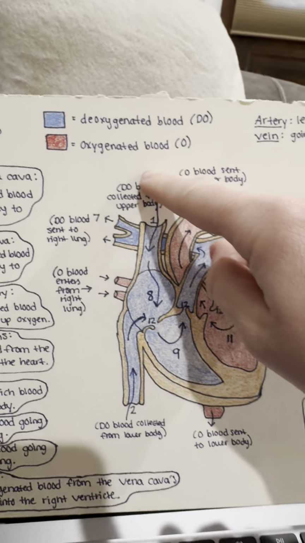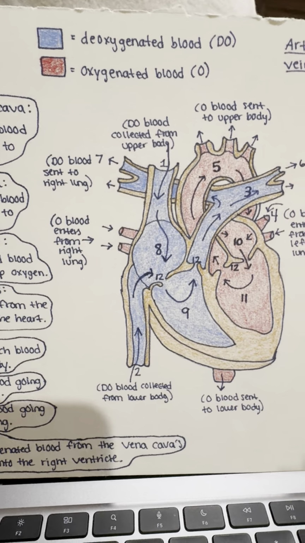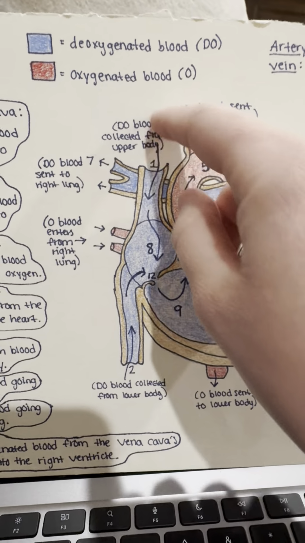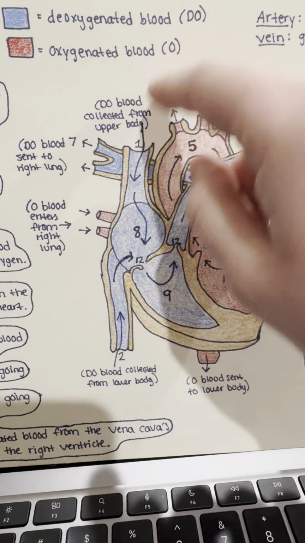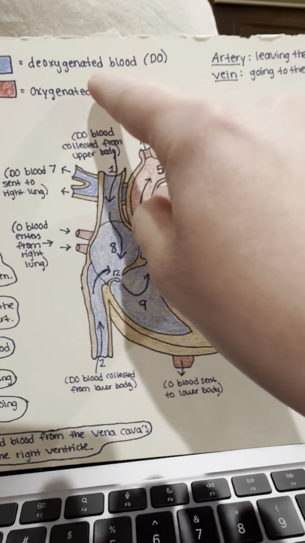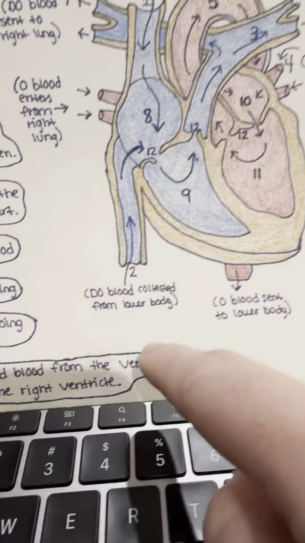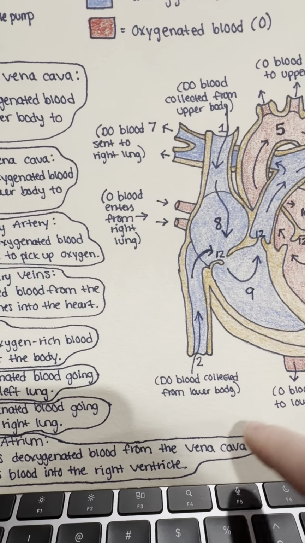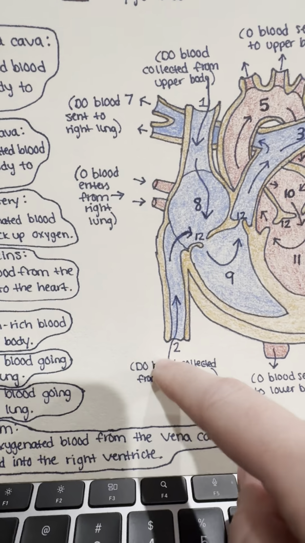So we'll start here. The deoxygenated blood that's collected from around the body, specifically going in through the superior vena cava, is deoxygenated blood from the upper body in the head. And the DO blood that's collected from the rest of the body comes in through the inferior vena cava.